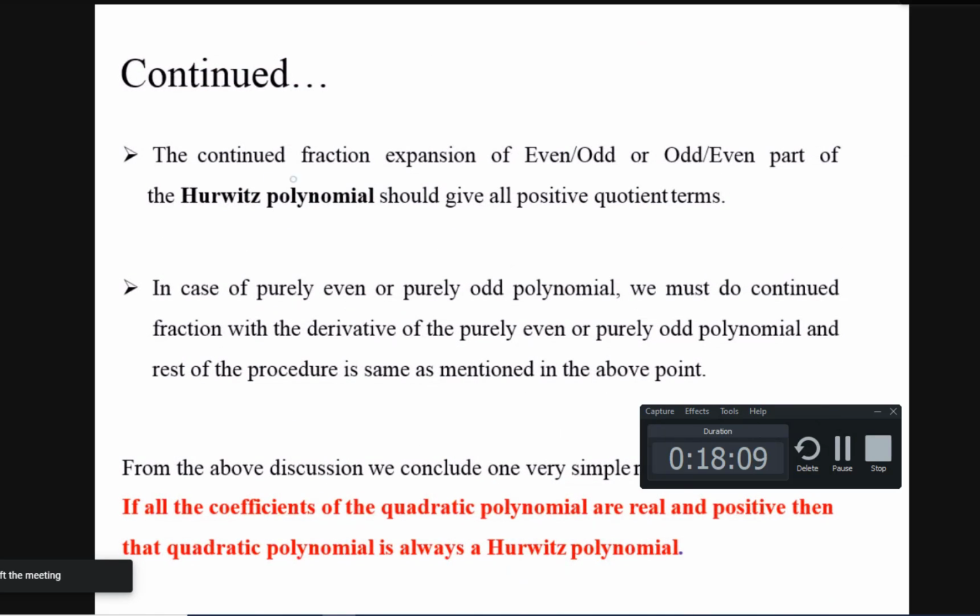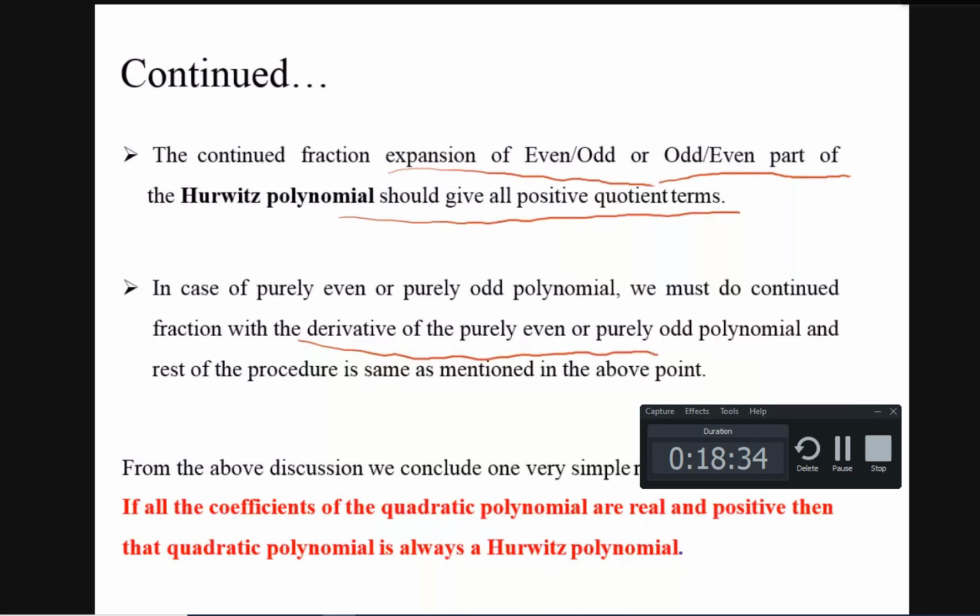Then the continued fraction expansion of the even by odd or odd by even part of a Hurwitz polynomial should give all positive quotient terms. This is also another condition. In the case of a purely even or purely odd polynomial, we must do continued fraction expansion with the derivative of this polynomial function, and the same rules will apply.